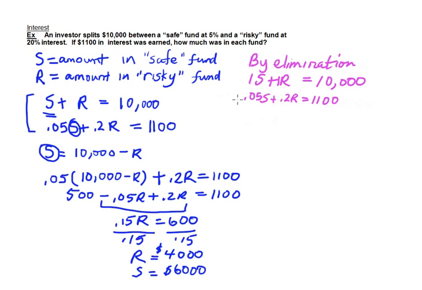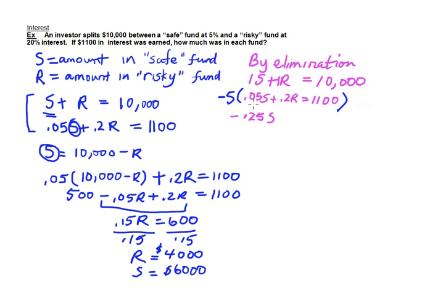So let's multiply that second equation by 5. But also, in order for this term to drop out, we need to have opposite signs, a positive 1R and a negative 1R. So we need to multiply all the terms in the second equation by a negative 5. And again, negative 5 times positive 0.2 will give us a negative 1. Negative 1 will cause the positive 1R term to drop out.